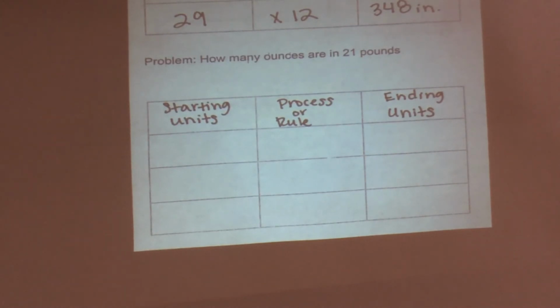The starting unit is pounds, and then your ending unit is ounces.